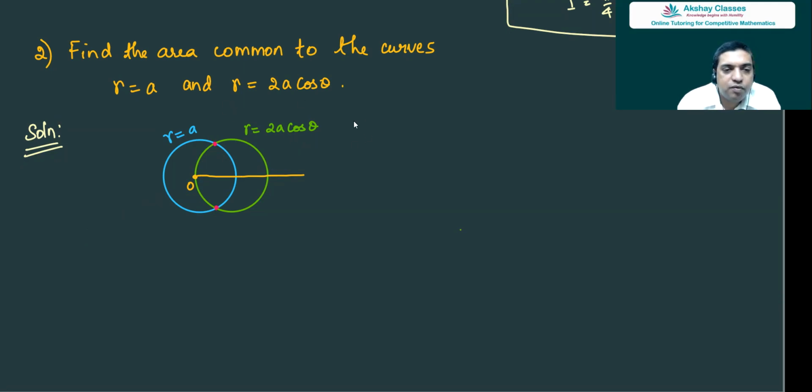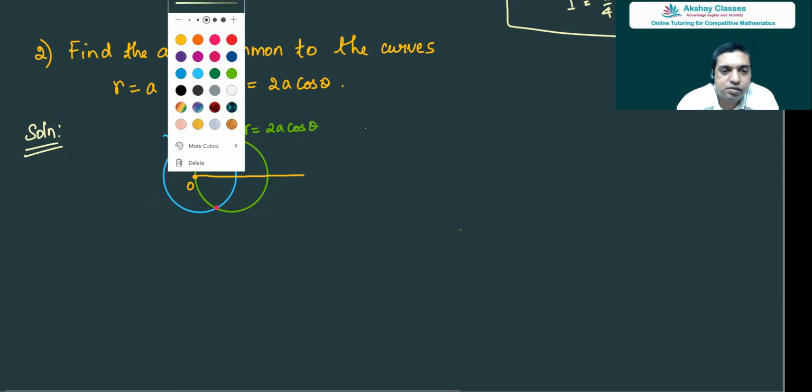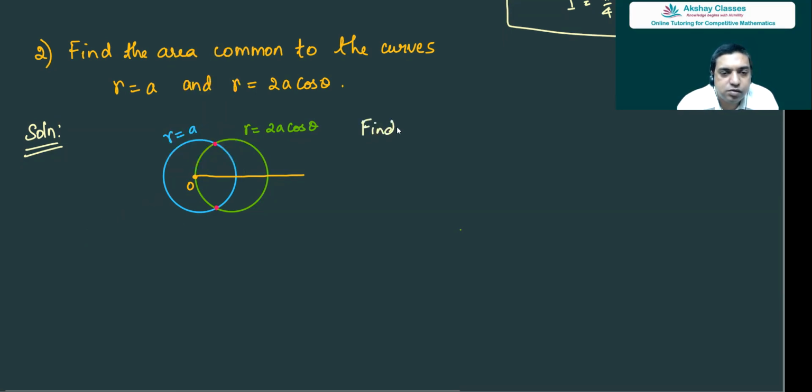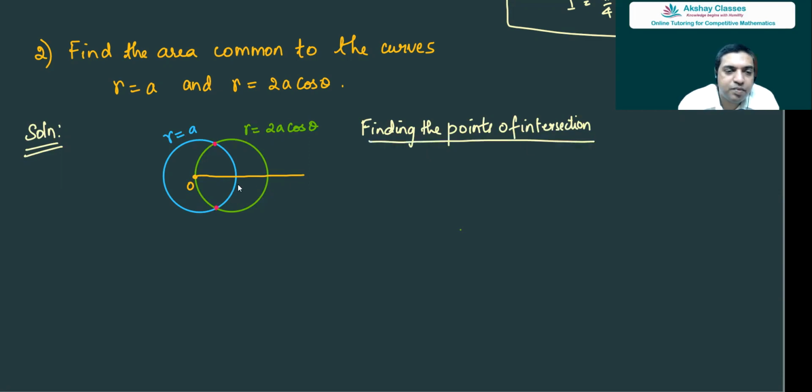So finding the point of intersection. The first one: equate R. Equate the equations of the two curves.